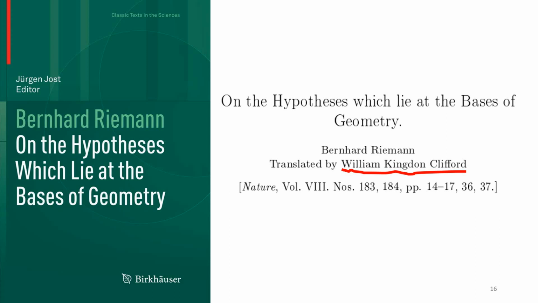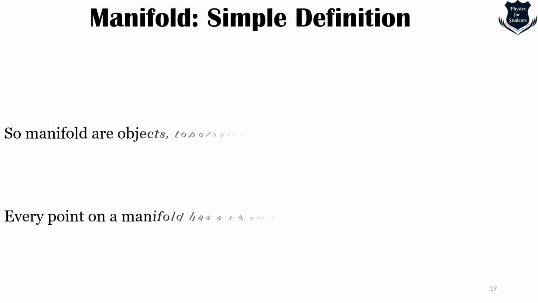There was no linguistic or symbolic form inside mathematics. So this is a brief idea and history of who coined the term, and this is the famous book where it was coined.